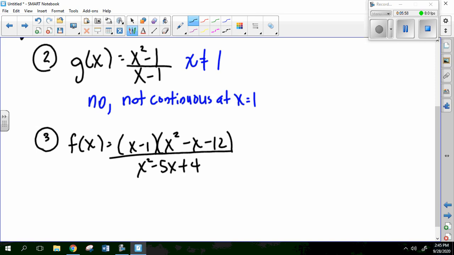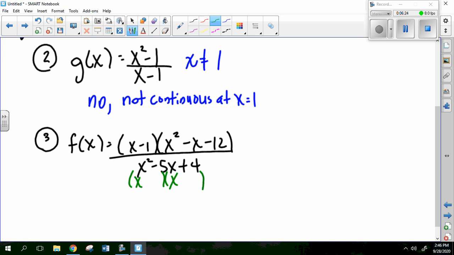This one has a denominator also, so it is probably not continuous. But how do you figure out where? You have to factor the bottom. In the last one it was obvious: you just set the bottom equal to 0. On this one, you need to factor the bottom so you can see which x's you have to throw out of the domain.